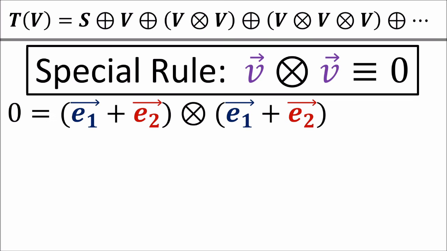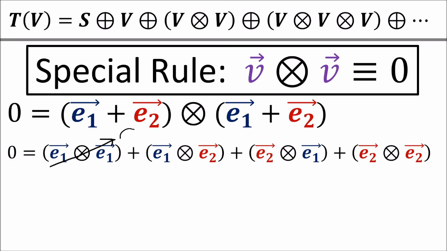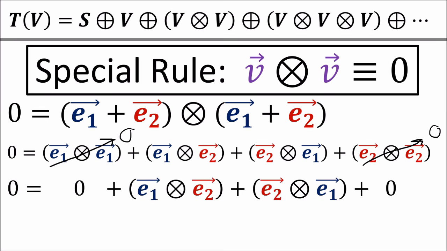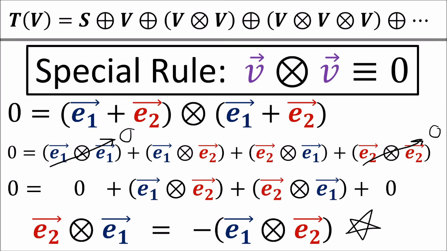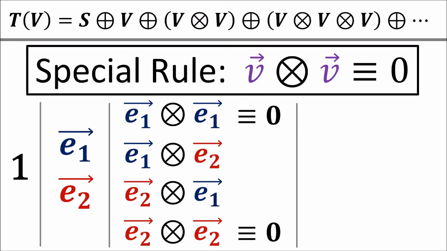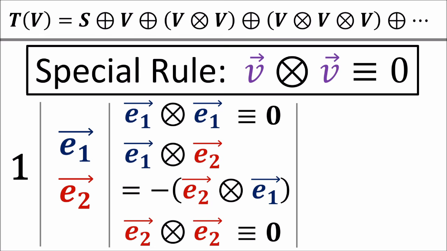But as we proved earlier, the property of a vector product with itself equaling 0 automatically implies that we can swap the order of a product if we introduce a negative sign. So using this new rule, e1 tensor e2 equals negative e2 tensor e1.